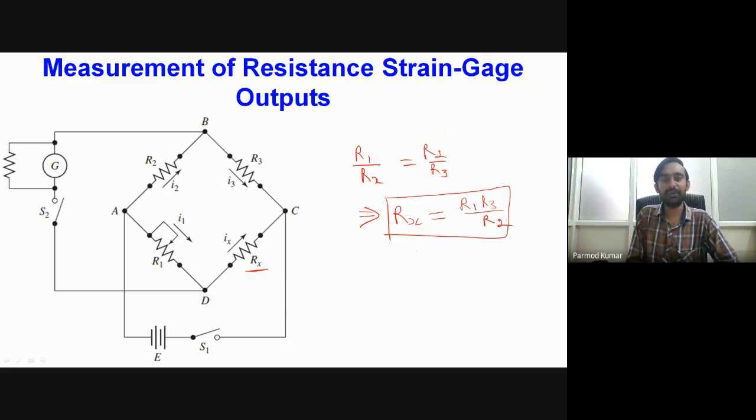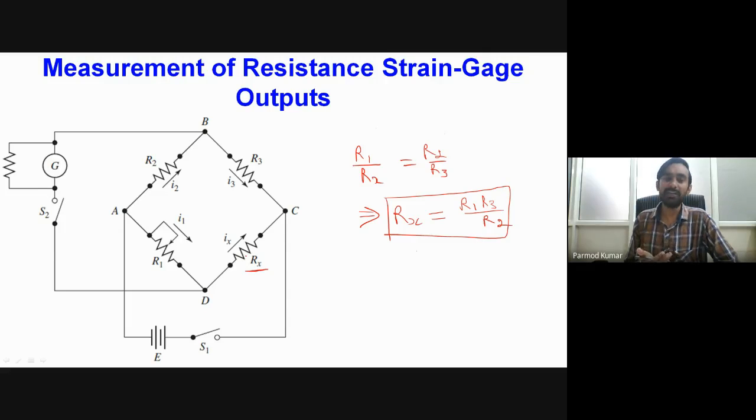This type of manual balancing of the bridge can be employed for static measurements. If we go for dynamic measurements, we will not have sufficient time to balance our Wheatstone bridge, and before that the physical value of the pressure will change, which changes the resistance of the strain gauge.